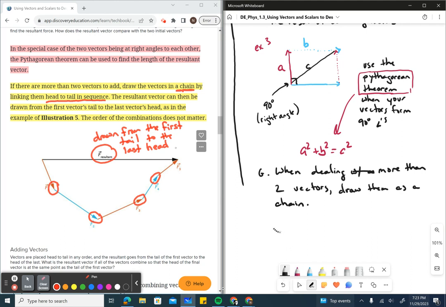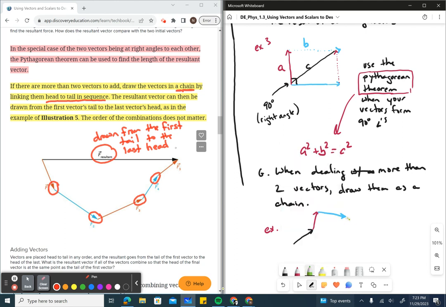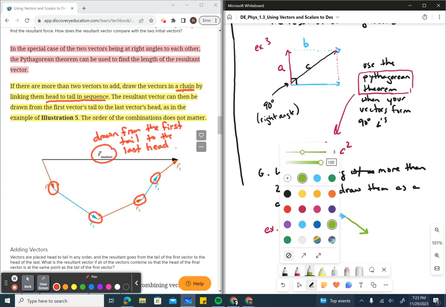But we could go ahead and do an example. We could say they had force 1, force 2, force 3, force 4, and your resultant could be this.